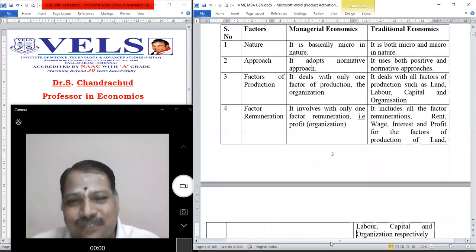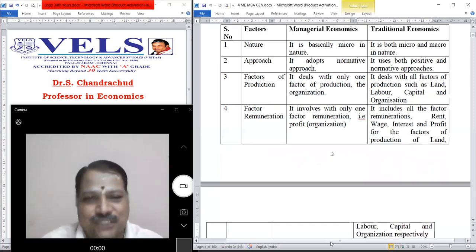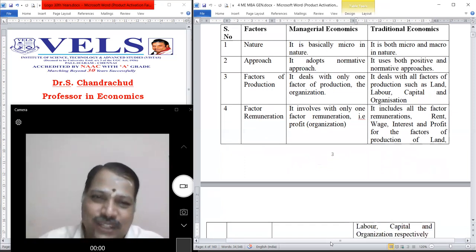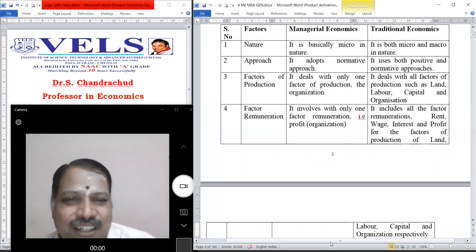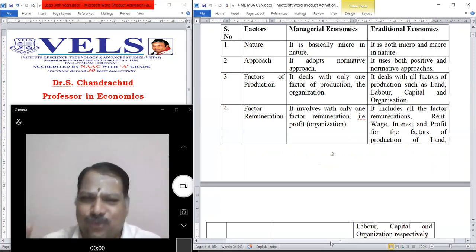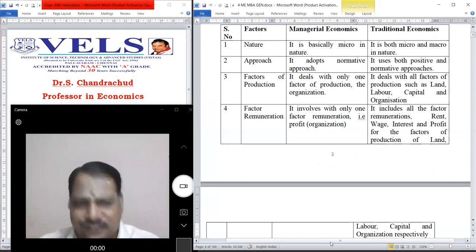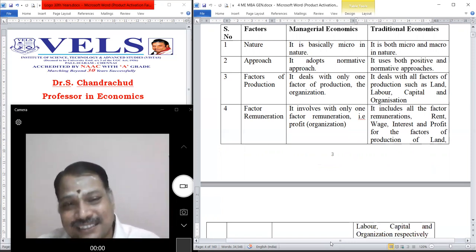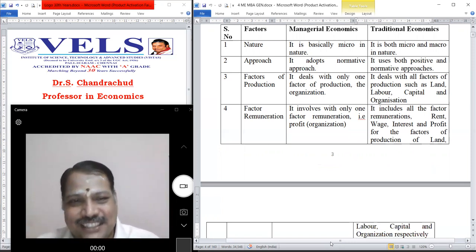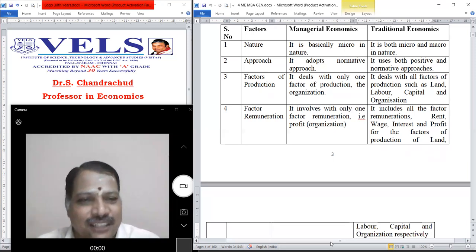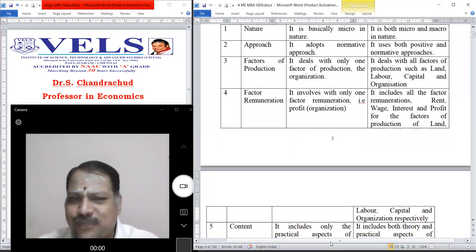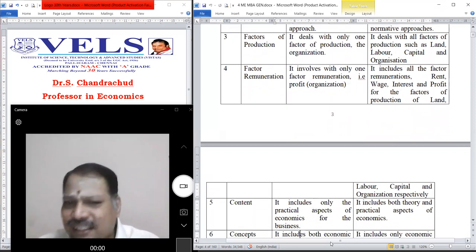While we compare the factor remuneration, as we are considering only one factor, organization, managerial economics involves only one factor remuneration called profit. But as all 4 factors are considered by traditional economics, it includes all 4 remunerations: rent, wage, interest, and profit. This is the main difference between managerial and traditional.